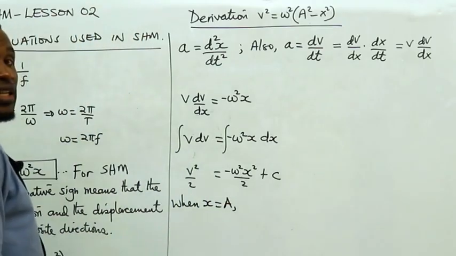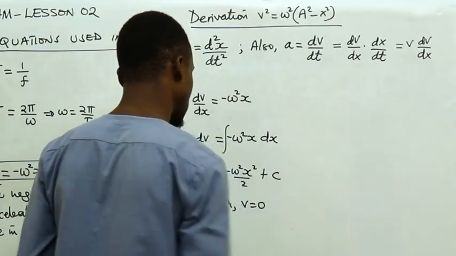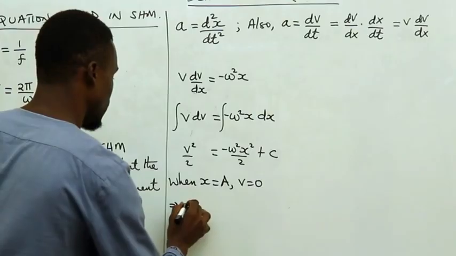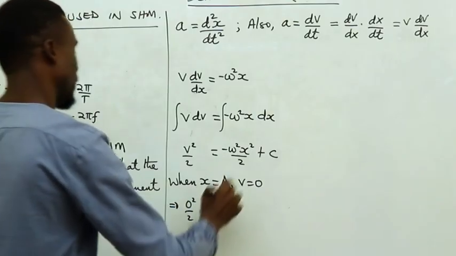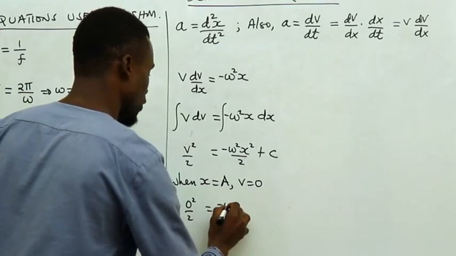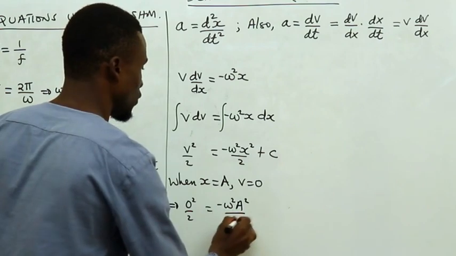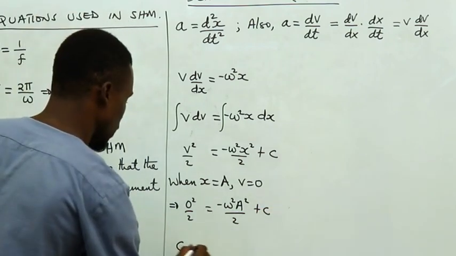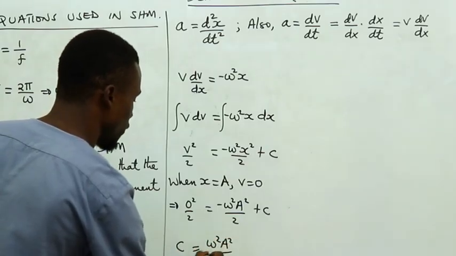Remember, once the displacement is the amplitude, the particle stops momentarily, so the velocity is 0. What does that mean? It implies that 0 squared, that is 0 over 2, should be equal to negative omega squared a squared over 2 plus c. So c equals omega squared a squared over 2.